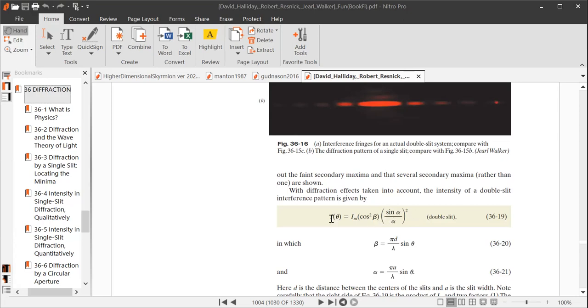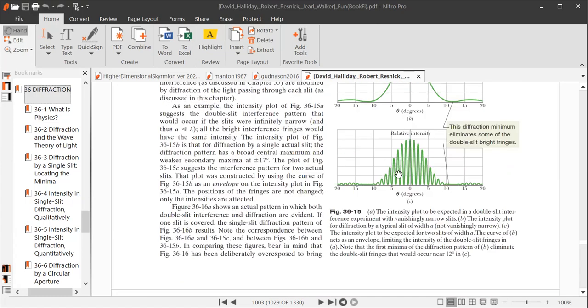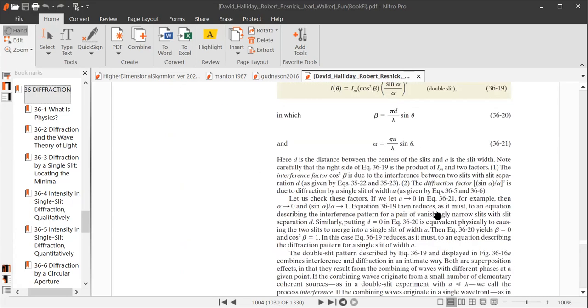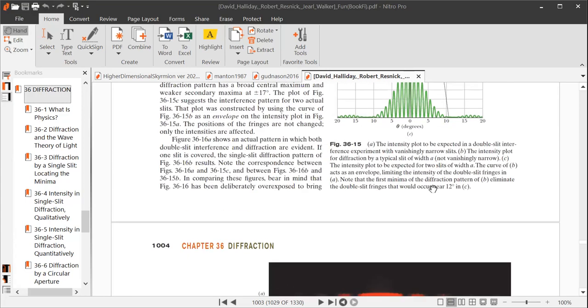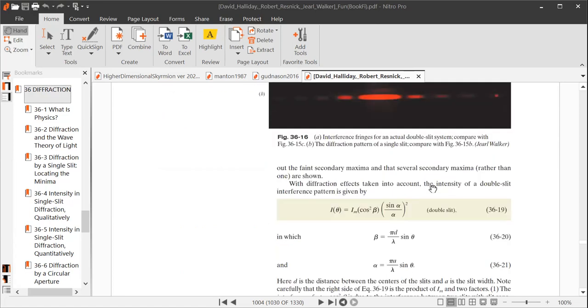Somehow this multiplication becomes like this, so it's more difficult to get both. It is difficult to find the maxima, even for example the third or the fourth maxima. It is easy to obtain only for minima, the dark interference.